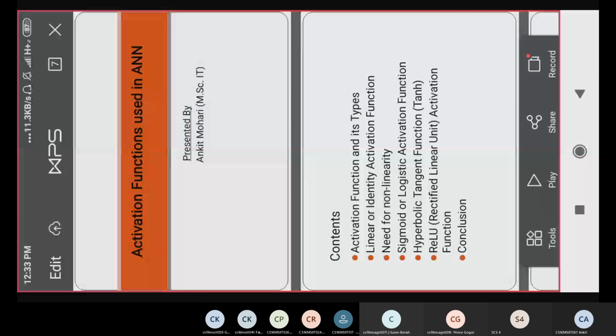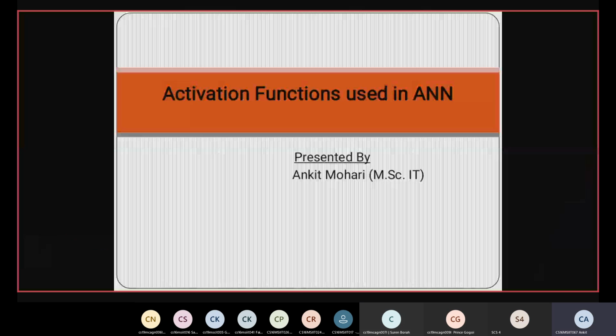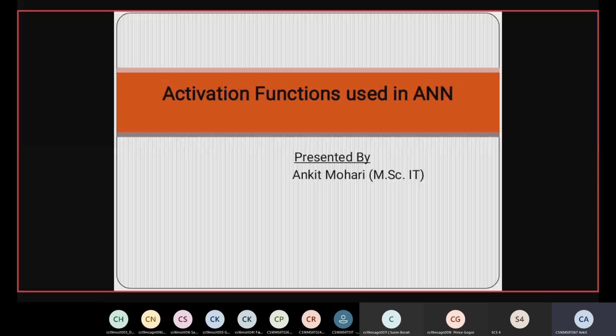Okay, guys, the important thing is, if you understand the basic concept of artificial neural network, and the role that the input layer, hidden layer and output layer play, then how it does that is more important.